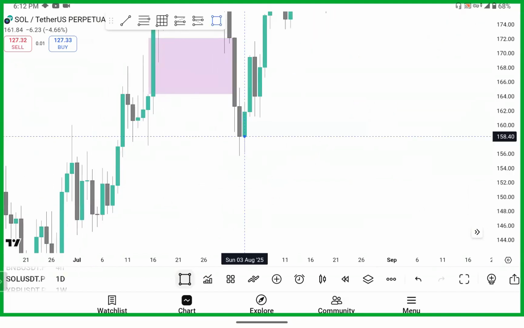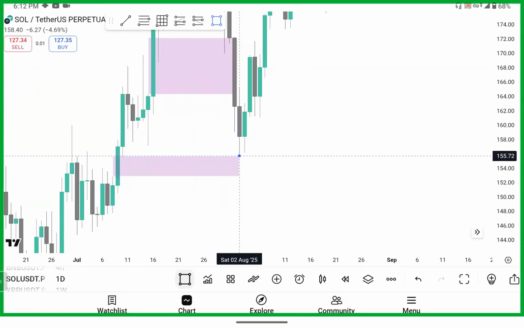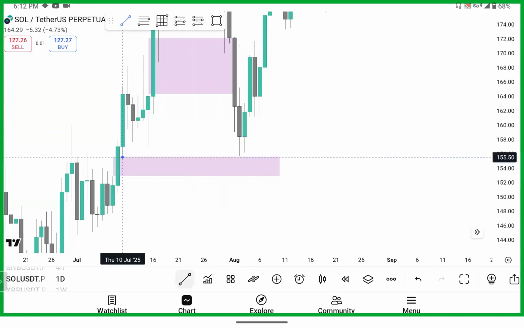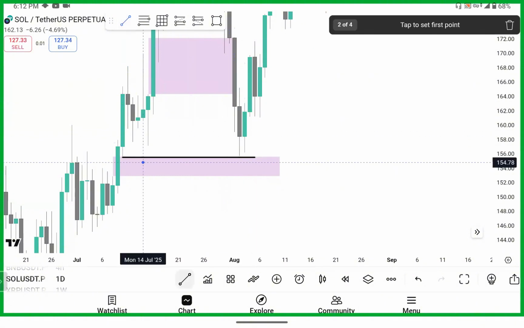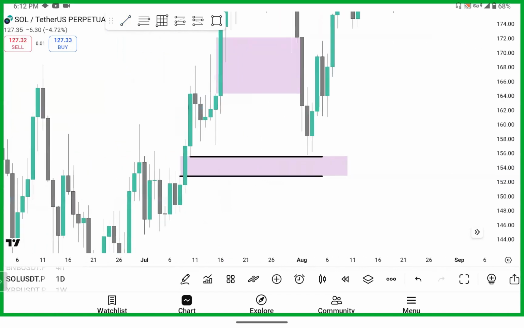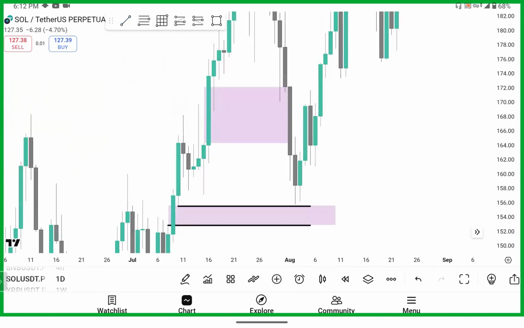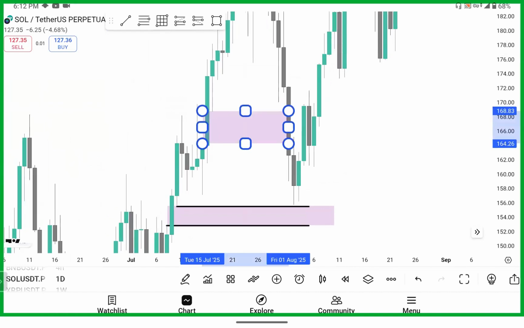Price always taps into those key levels and reverses. Hope you're seeing all these fair value gaps. Price always reacts in these key levels.